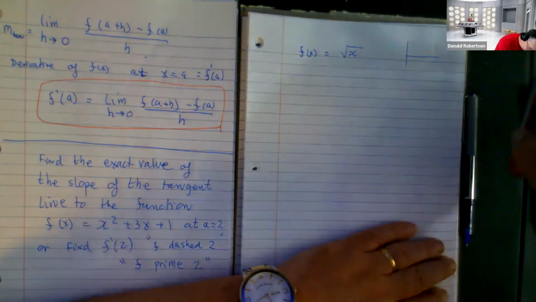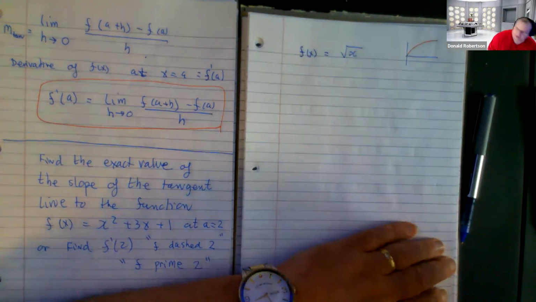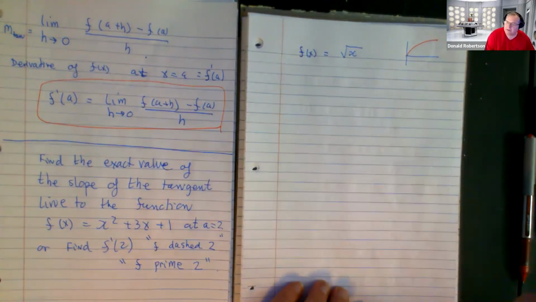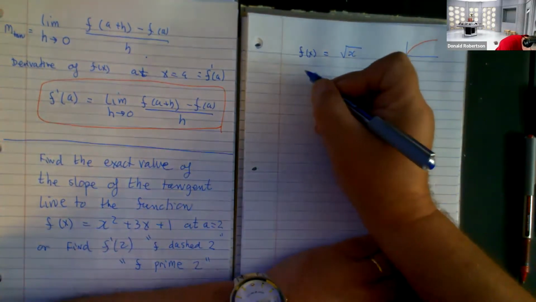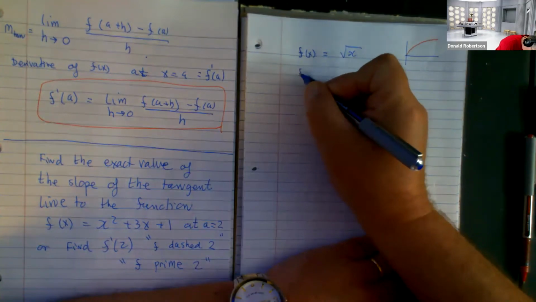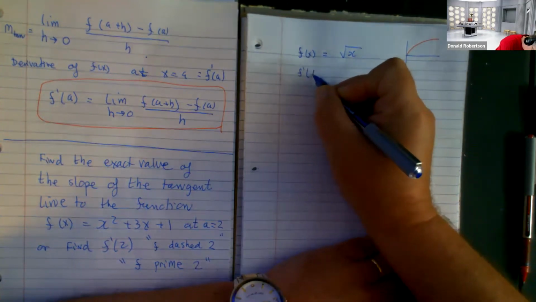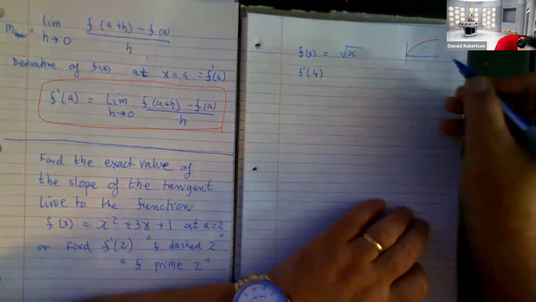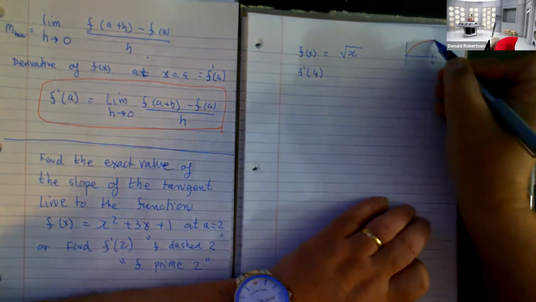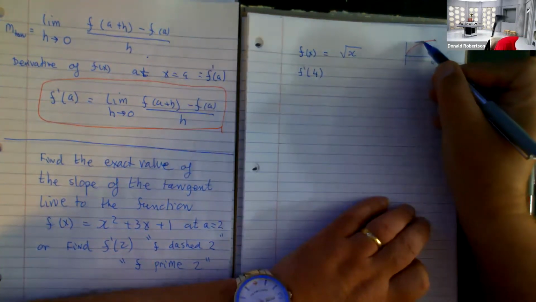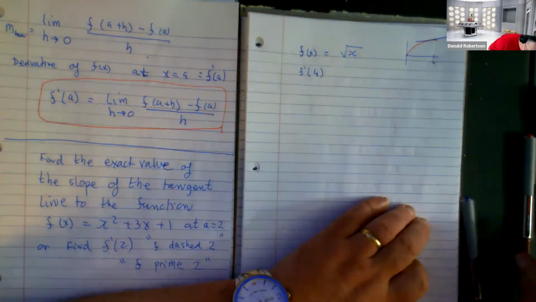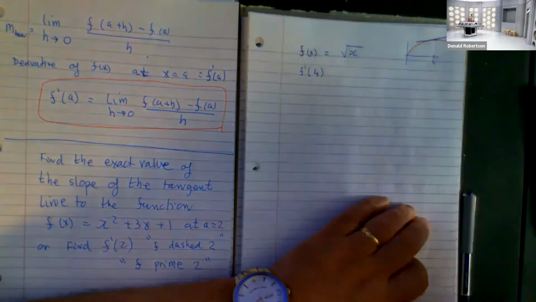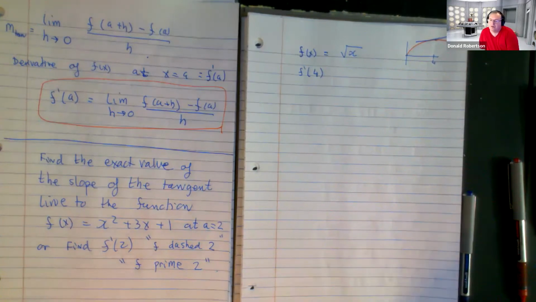Square root of x, right? Non-special, it looks a bit like that. And I would like to know the slope of the tangent line at 4, right? So if you imagine here is 4, my tangent line would be something like that, right? I want to find the slope of the tangent line at x equals 4.